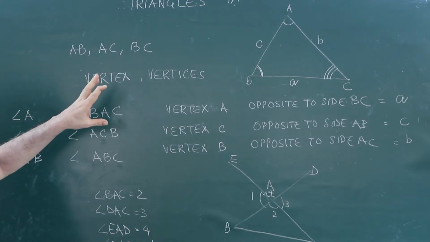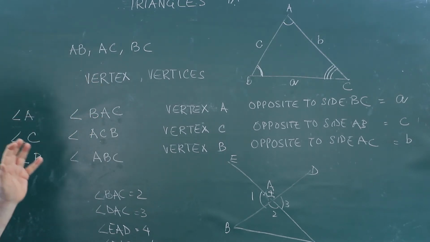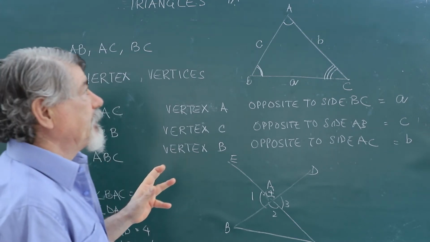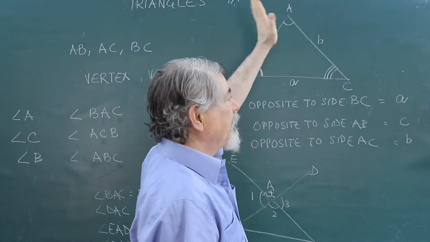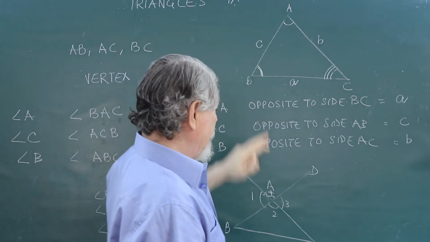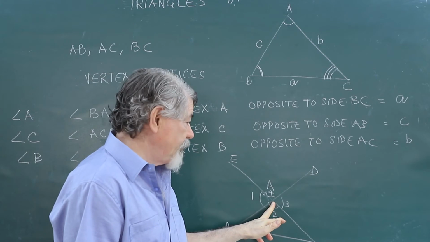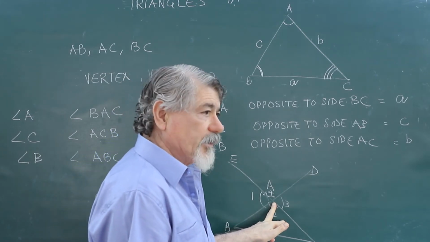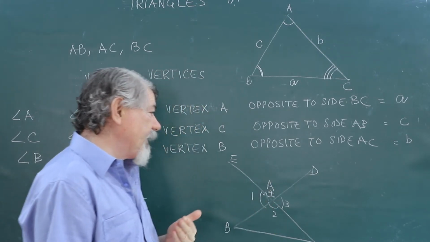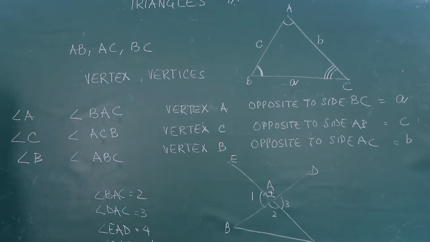When there is only one vertex, and only 2 straight lines are meeting at a point, it's okay, you can write it as angle A. But here, to mention it simply with the alphabet A will not be correct, because there are 4 angles formed at A and they are all different. So which angle are we referring to?